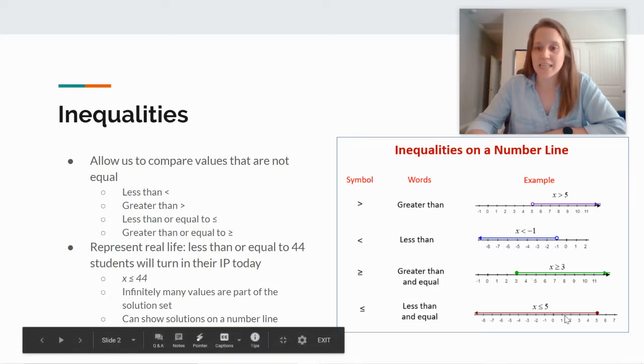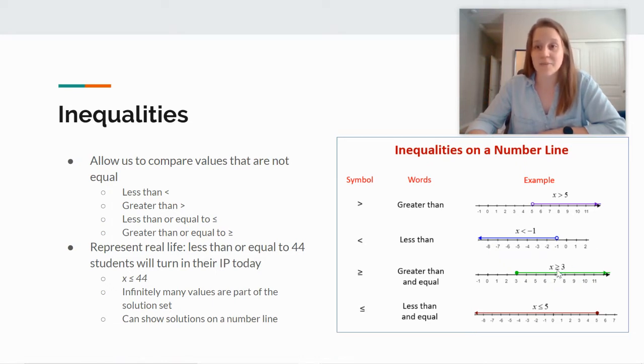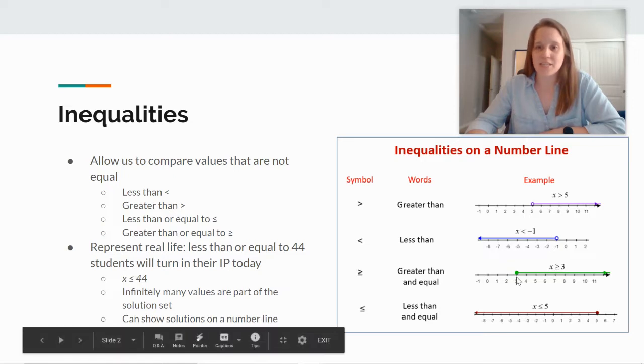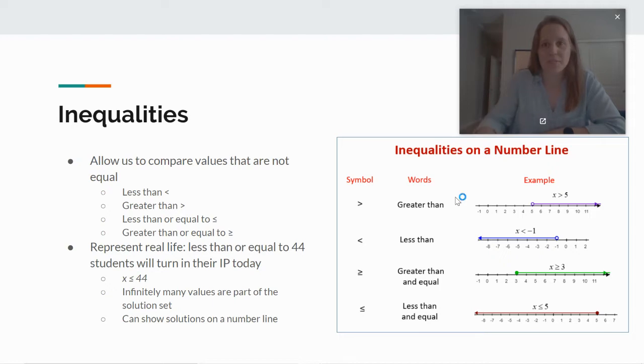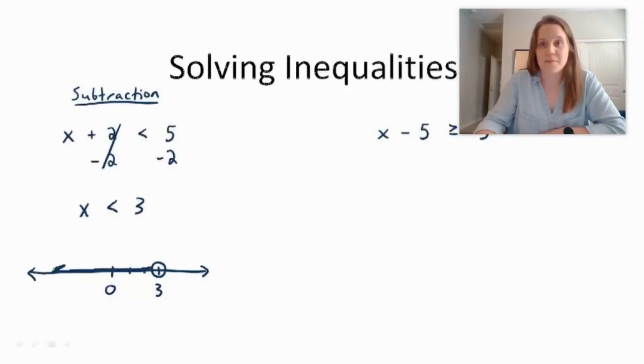Greater than or equal to and less than or equal to have those closed circles or those filled in circles. And that's because that value is a part of the solution set. So in this inequality, 3 is greater than or equal to 3. So I shade it in. Okay. Awesome.